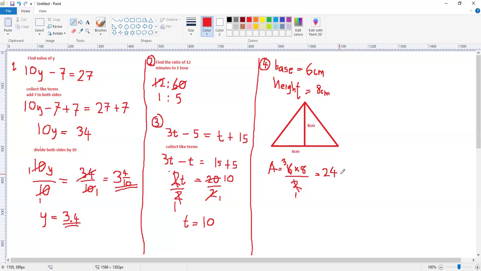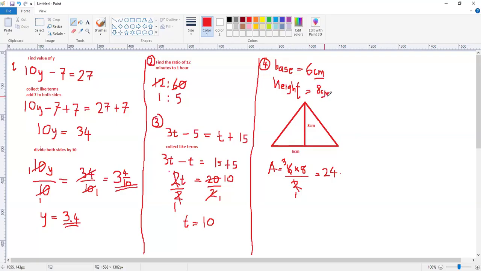Do you remember what the unit should be? What's the unit for the answer? You're not sure. Okay. Anytime you are thinking about a unit, always ask yourself what the things involved in the formula are. Now look at it here. You have base is 6 cm.